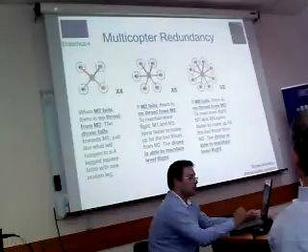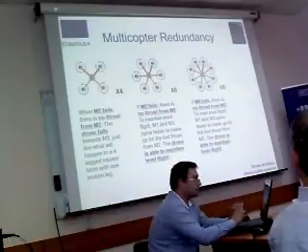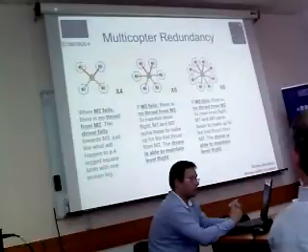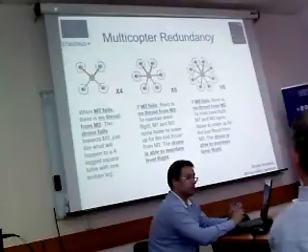Because, for example, in quadcopters, which are the most popular configuration, there are four motors, usually arranged in the X configuration. So quadcopters may still be controllable when one propeller breaks, but when one motor fails, the quadcopter will flip on its top.